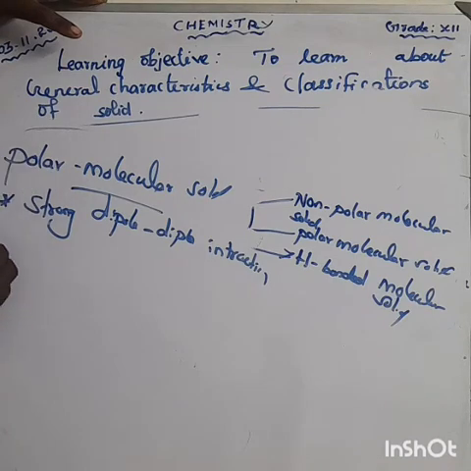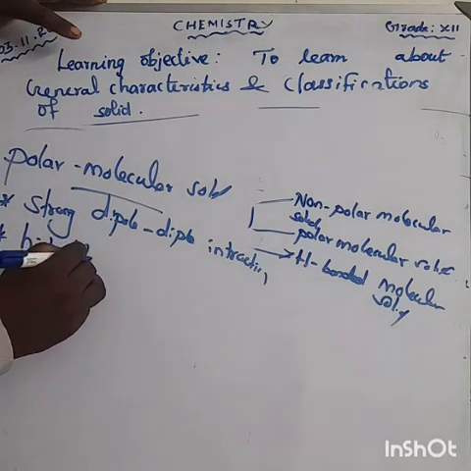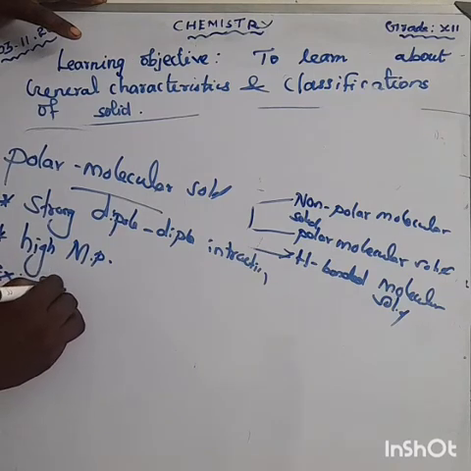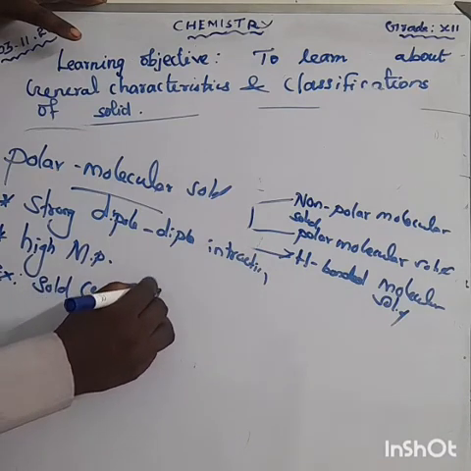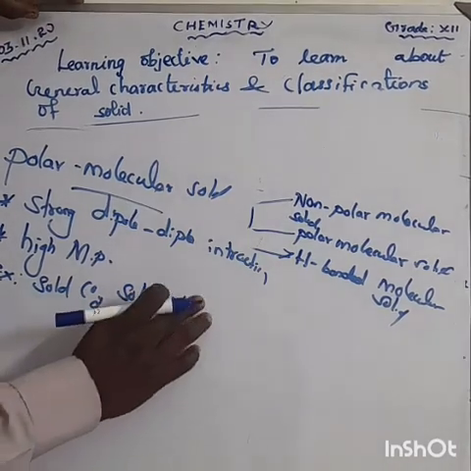They have a high melting point. Examples are solid carbon dioxide and solid NH3, that is ammonia.